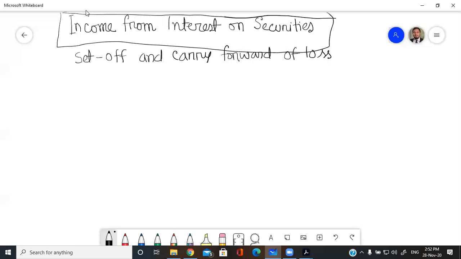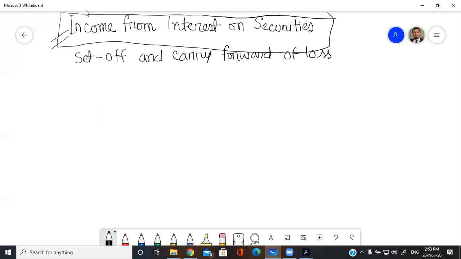But one thing just keep in your mind, that is, we earn interest income from our bank deposit. Is it this heading where we will show the interest on bank deposit also? The answer is no. It is not that heading where you will show the interest on bank deposit.